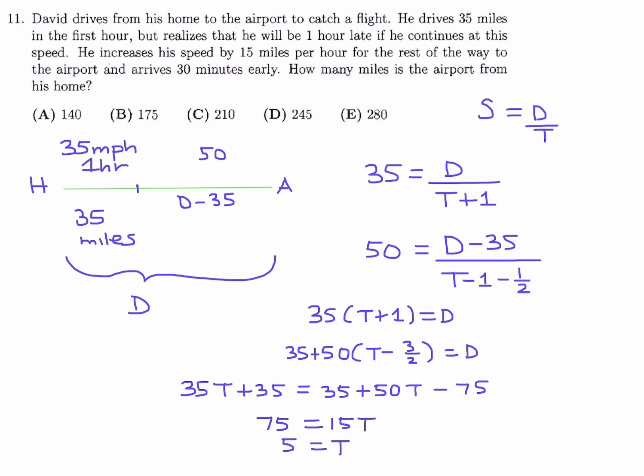Substitute that back into either one of these, and we will get the value for d. d will be equal to 35 times (5 plus 1), and that is 35 times 6, which is 210. So the distance from his home to the airport is 210. The answer to number 11 is C.